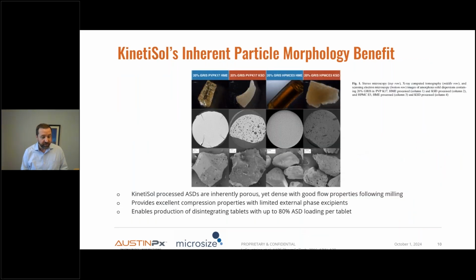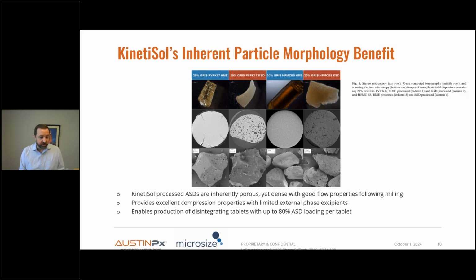This isn't the only benefit of applying an advanced dispersion technique like KinetiSol. There are inherent particle morphology benefits. In one of the earlier slides, I listed potential CQAs as manufacturability, compressibility.